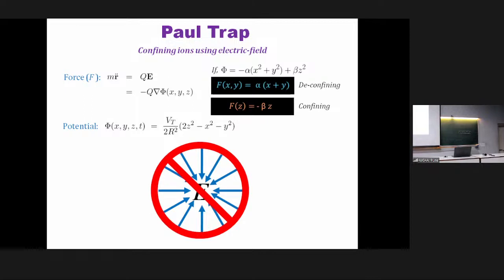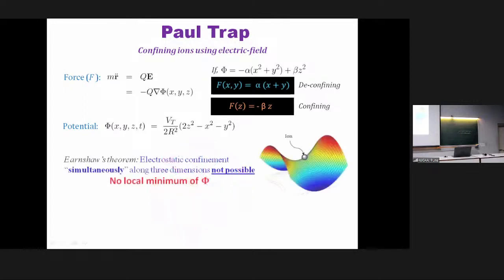Well, then what do you have to do? You have to do something, so a static electric field cannot be used. What you can do? That's what it says. The potential, if it is a saddle point, looks like a potato chip. It's a potato chip, right? Lays.